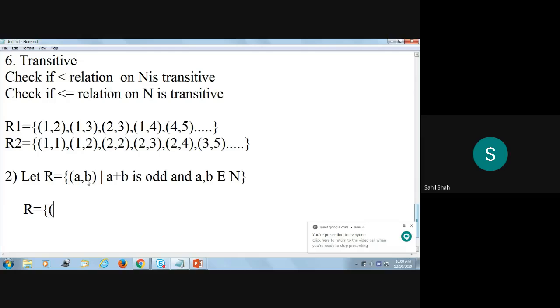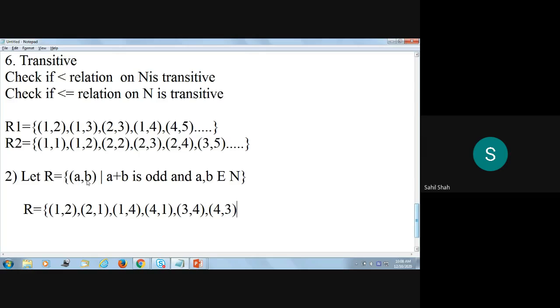So we are going to put 1 2. Then can I put 1 1? No. Can I put 2 1? Yes, it will be fine. Can I put 1 4? Yes. Can I put 4 1? Yes. Can I put 3 4? Yes. Can I put 4 3? Yes.